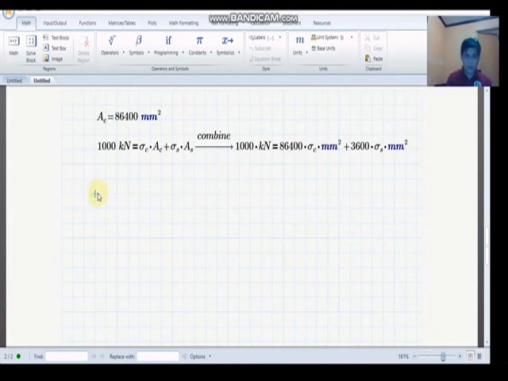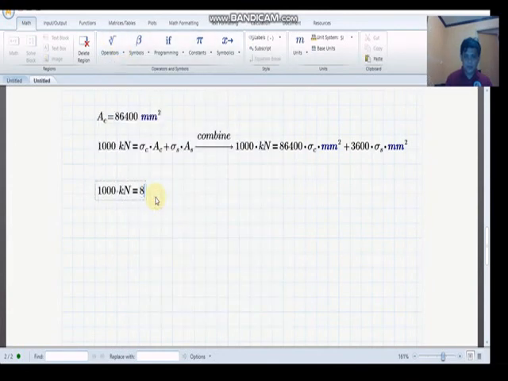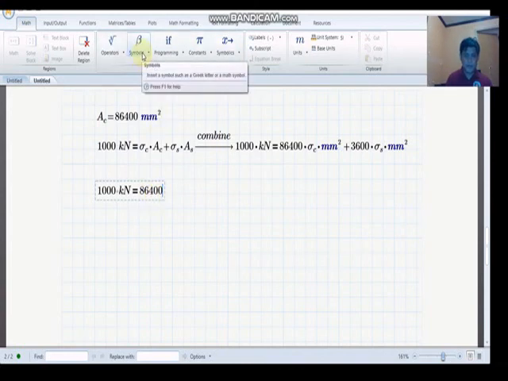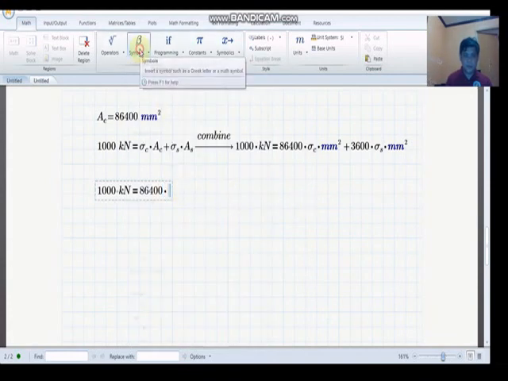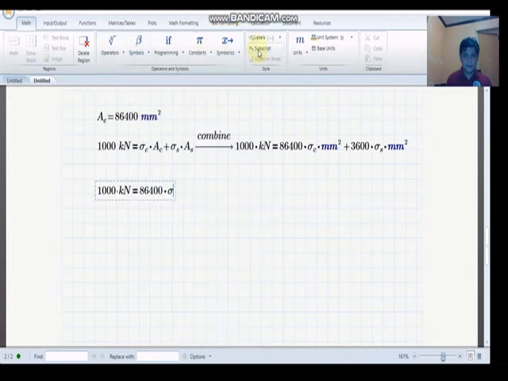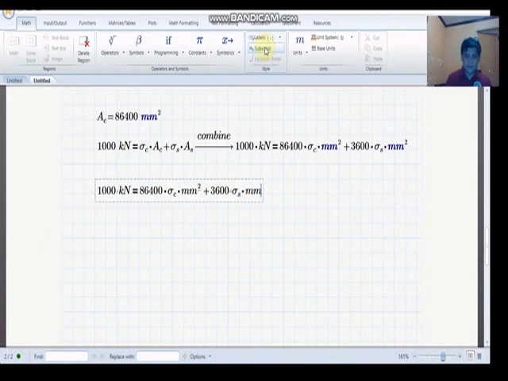So our equation 1 now is given by 1000 kN equals 6,400 times the stress in the concrete, of course linear, plus... Okay, so we already have our first equation.